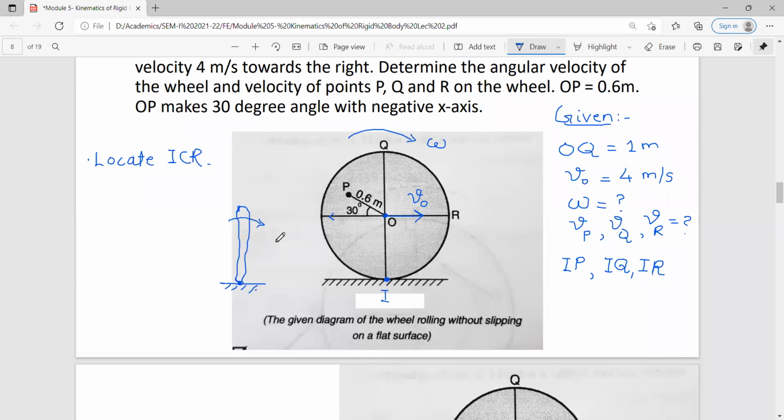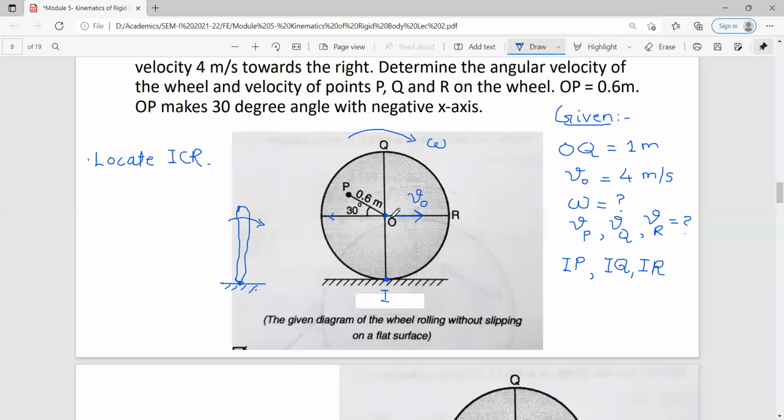About which point is it turning? Are you getting it? So similarly, this is the wheel. Suppose if it turns about point O, then it will not move forward. If this wheel makes revolutions about point O, then the wheel will not leave its position.